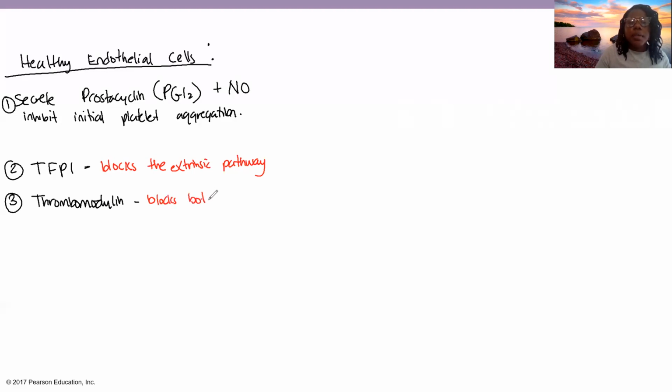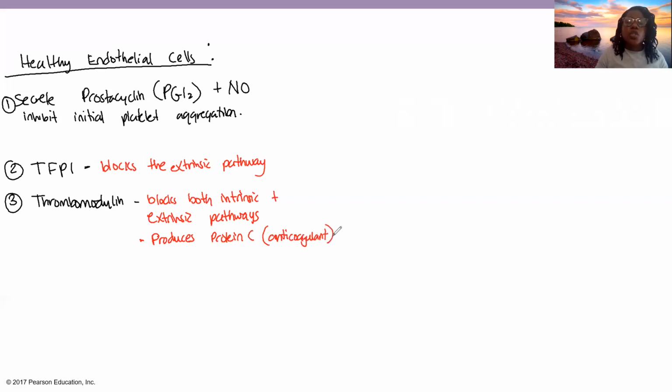And this is really done by the conversion, the production of protein C. And protein C is an anticoagulant. In other words, it wants to prevent coagulation or prevent blood clotting. All right, so this is really preventing blood clotting.